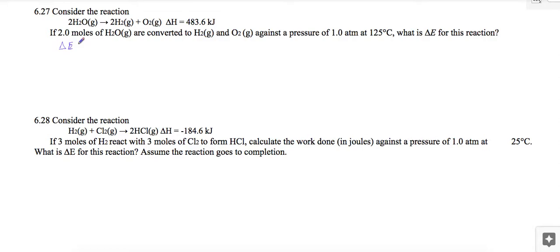Keeping in mind here that this is the equation that we are going to use, minus P delta V. Now that's just rearranging the equation that we had before of delta H is equal to delta E plus P delta V. That's the enthalpy equation.